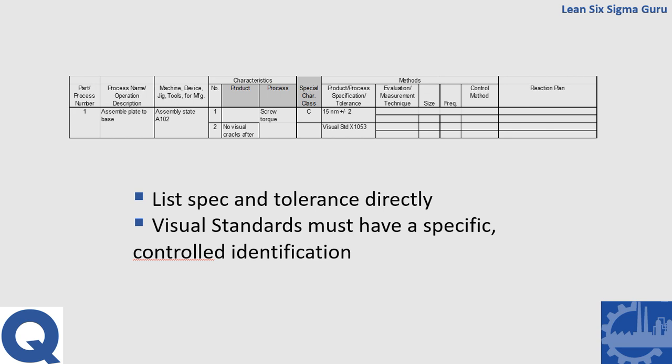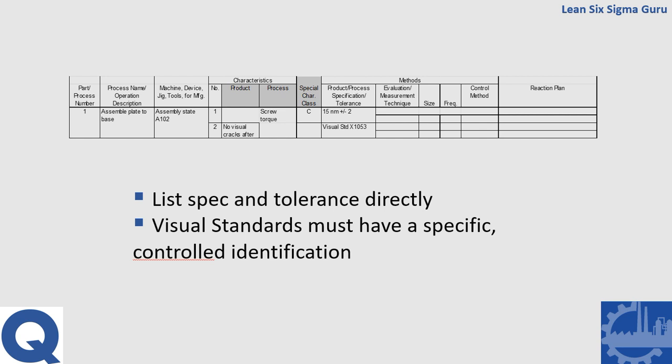Then we list the product and process specification and tolerance. Again, we need to be specific. So we need to say exactly what the number is, what the unit is, and what the tolerance is. For visual characteristics, a common mistake is just for people to say visual.